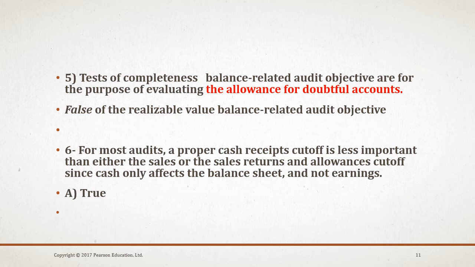So cutoff, sometimes we call it also timeliness, is less important than either sales or sales returns and allowances cutoff, since cash only affects the balance sheet, of course, not the income statement. Actually, this is true, because cash balance should be presented at the end of the year on the balance sheet.